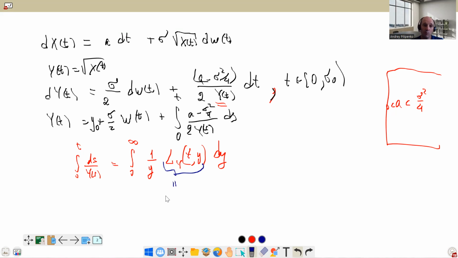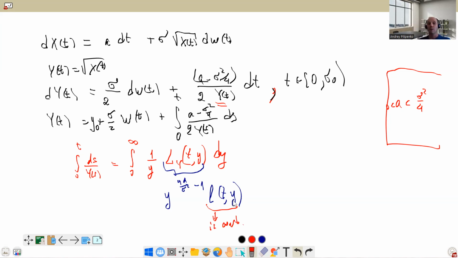And it can be represented as a function y to the power 4a over sigma squared minus 1 times some continuous function L small of t, y. This function is continuous. We will discuss this representation a little bit later, and why this function L small is continuous in t and y.